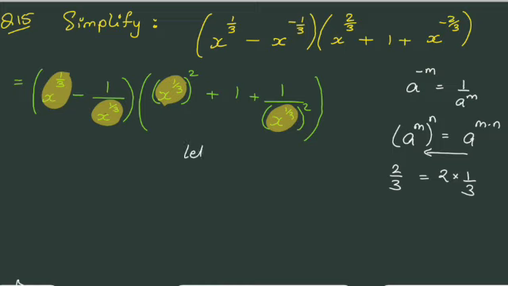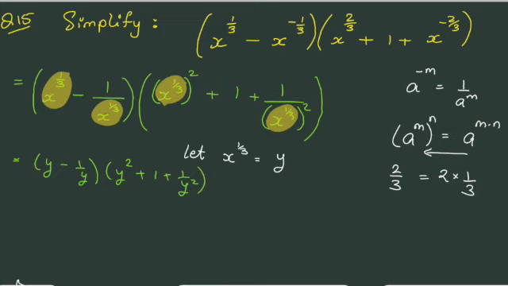You assume x raised to 1 upon 3 as a simple variable y. Repeated appearance of this complicated term can be replaced with a simple variable for simplification, and at last you replace it back. So this will be y minus 1 upon y, times y square plus 1 plus 1 upon y square.